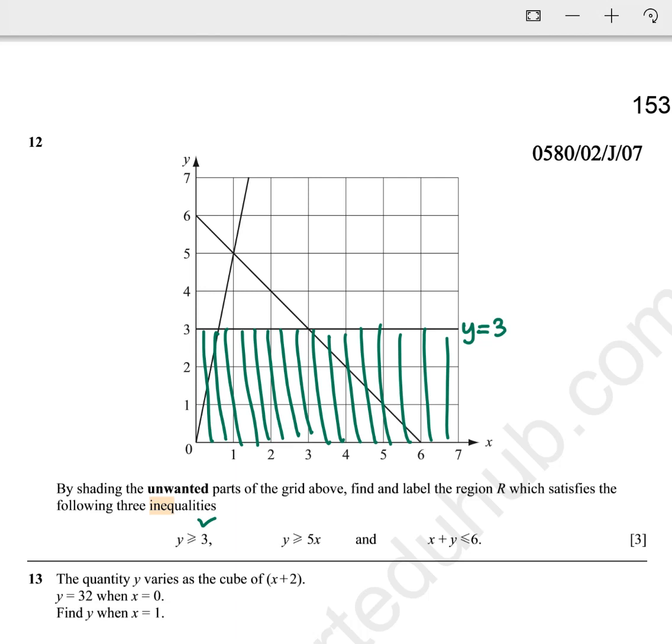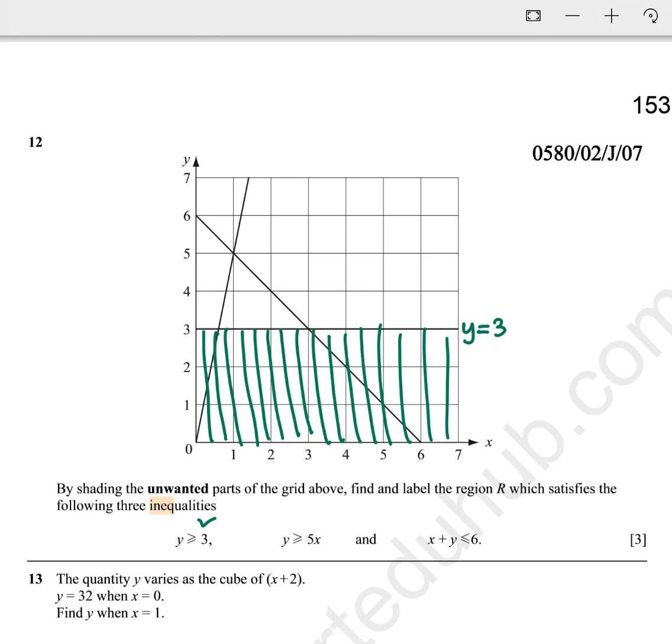Okay. Next is y is greater than or equal to 5x. Now if you see over here, x plus y less than or equal to 6 is one inequality, and y greater than or equal to 5x is another inequality. Now how do you know which is the line? There are two lines and we do not know which line belongs to which inequality. So it's very simple.